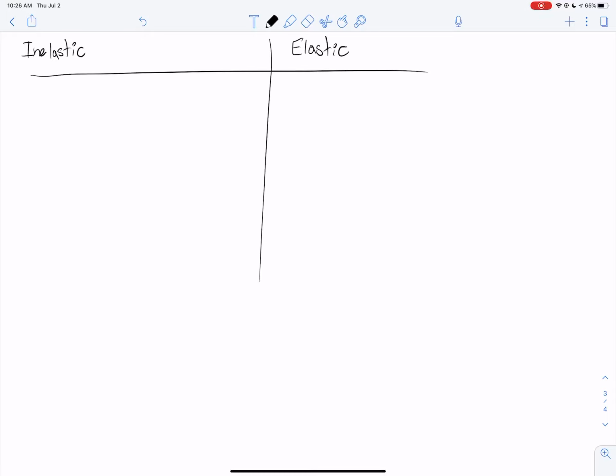So, again, we have inelastic and elastic collisions. Okay? So I'm just gonna do a T-chart so that we can compare and contrast their differences. So what is inelastic?